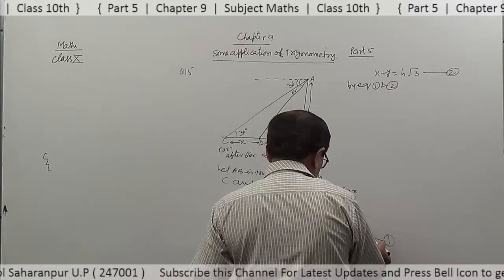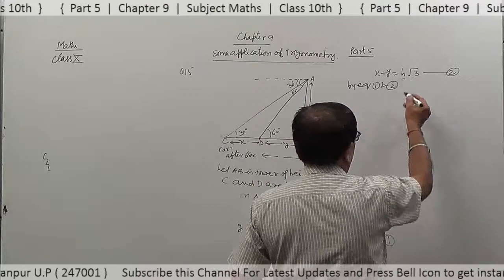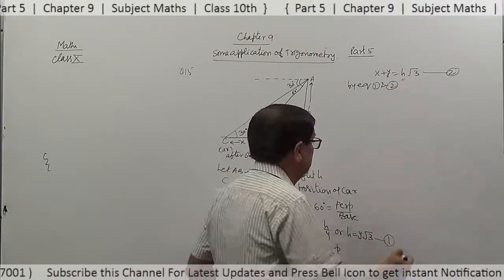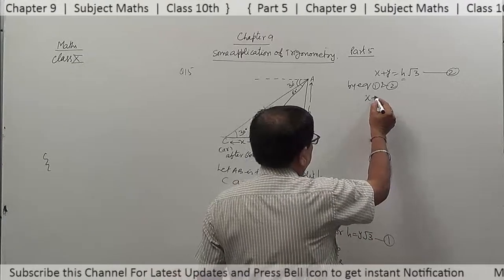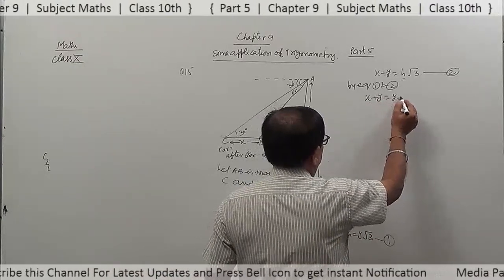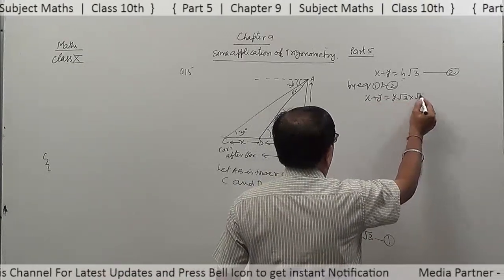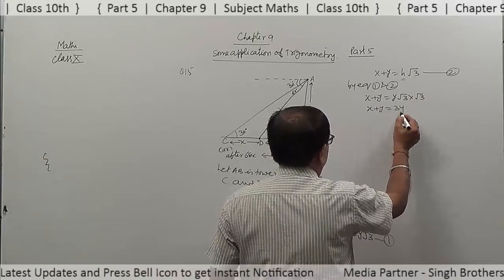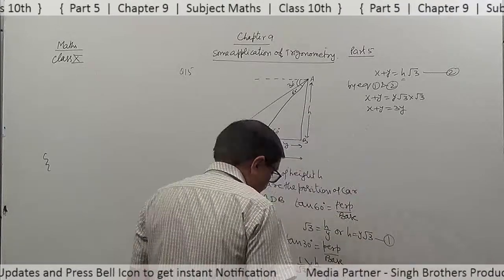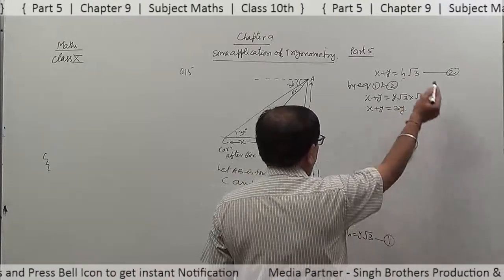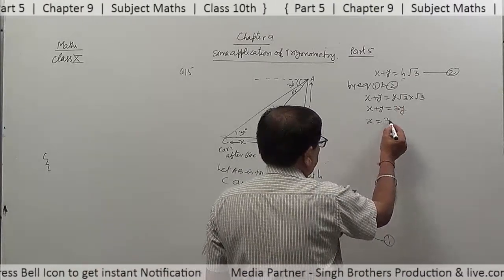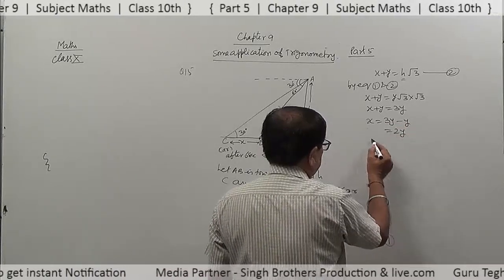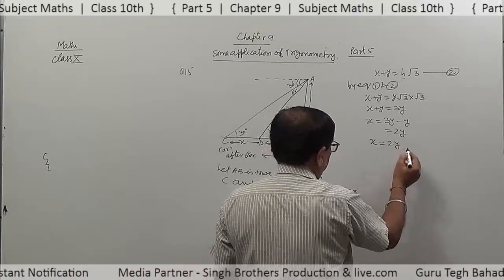By equations 1 and 2, h is y root 3. So putting the value of h as y root 3, x plus y is equal to y root 3 into root 3, so x plus y is equal to 3y. Taking y to the right side, it will be 3y minus y, that is 2y, so x is equal to 2y.